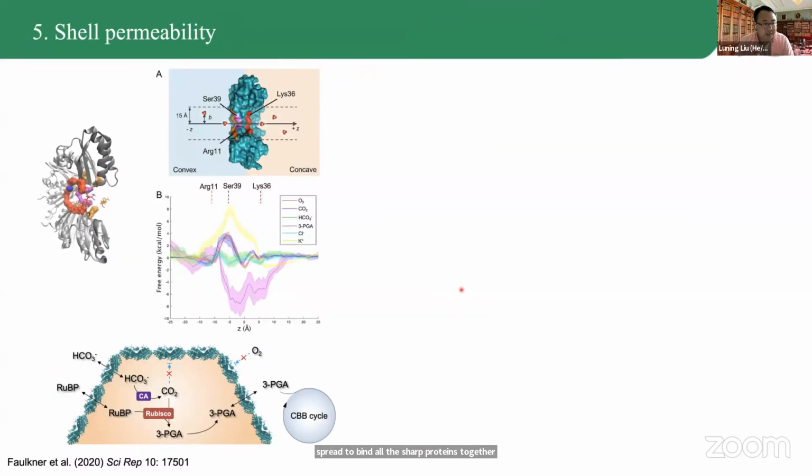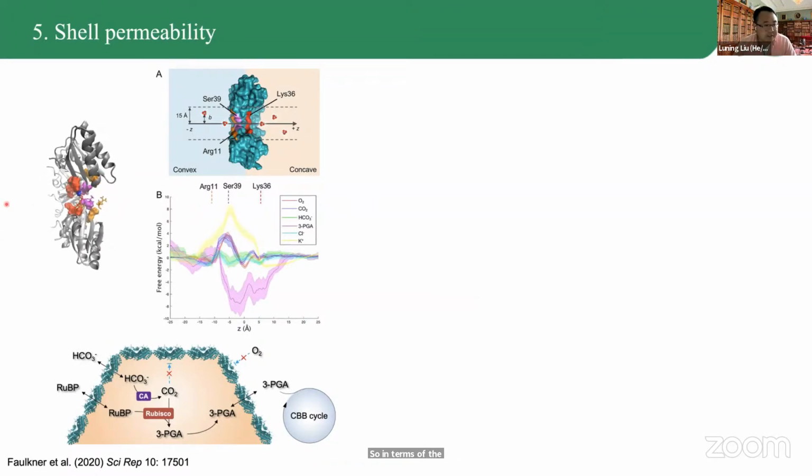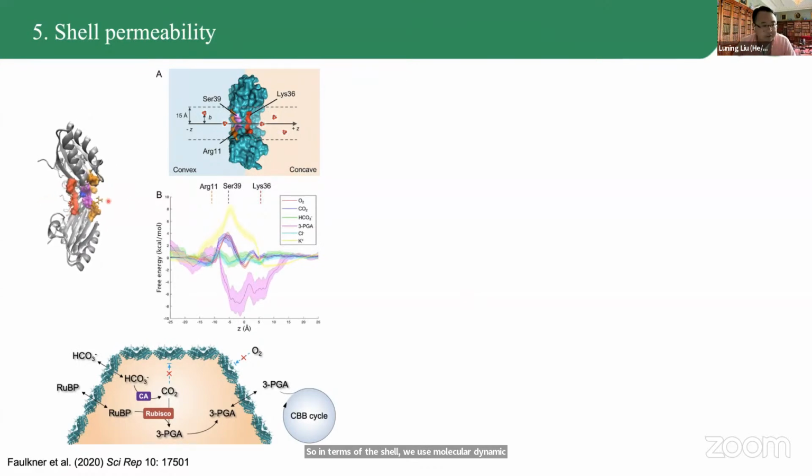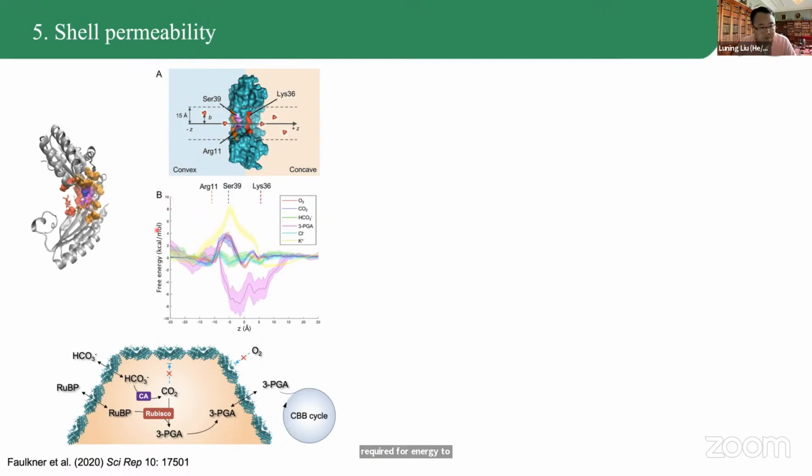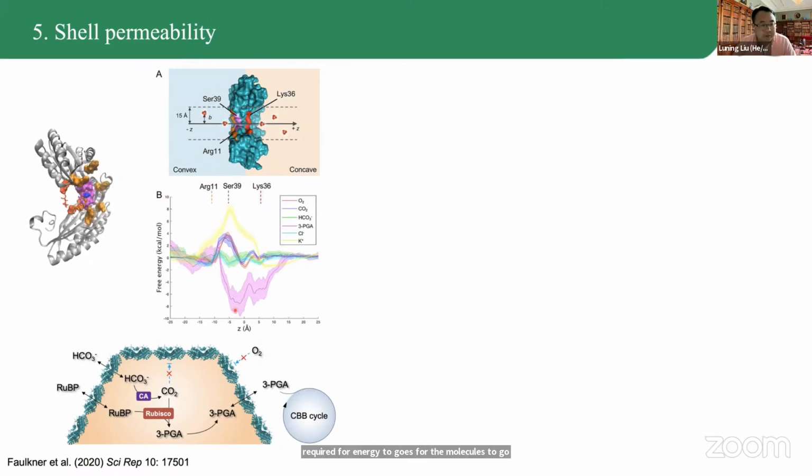So in terms of the shell permeabilities, we use molecular dynamic simulations to look at how much energy is required for molecules to go through the pore of the shell proteins. Basically, we found the negatively charged molecules require less energy to cross the shell barrel, while oxygen and CO2, which are neutral molecules, need more energy to cross.